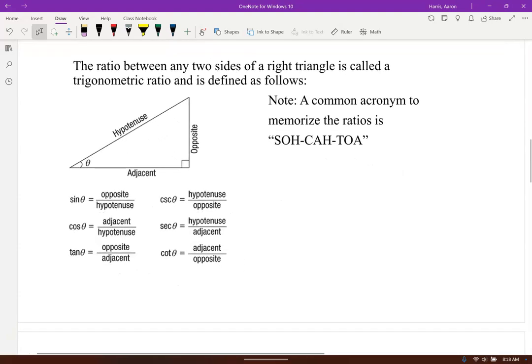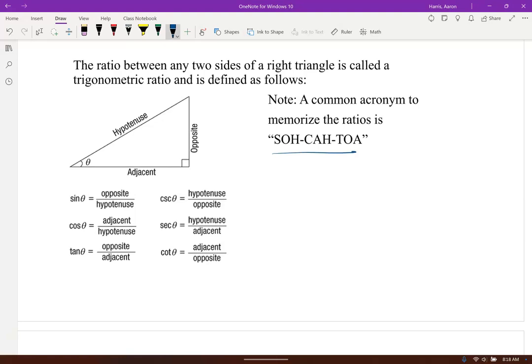As you might recall, a lot of people remember SOHCAHTOA for sine is opposite over hypotenuse, cosine is the adjacent side over the hypotenuse, and tangent is the ratio of the opposite over the adjacent. SOHCAHTOA.